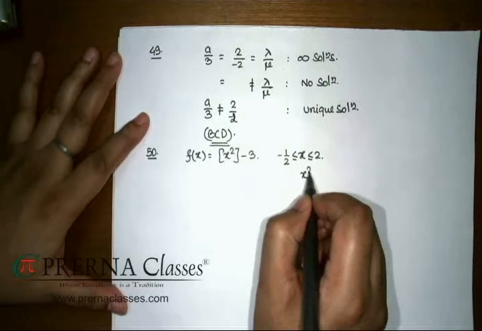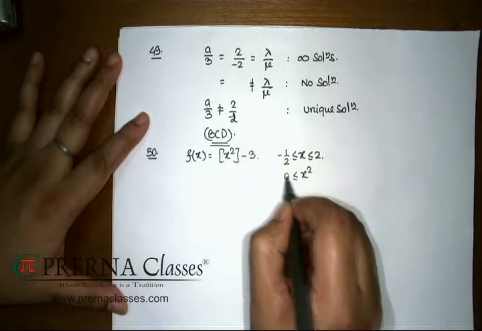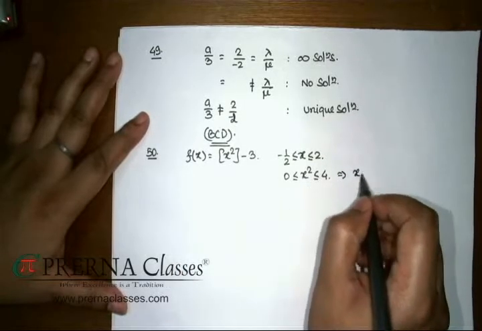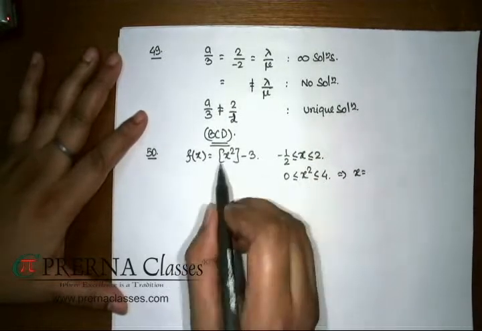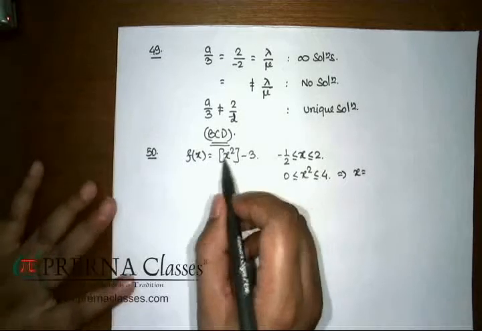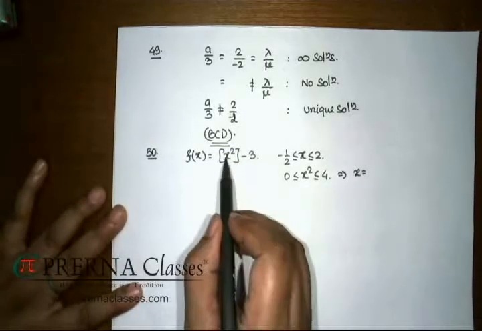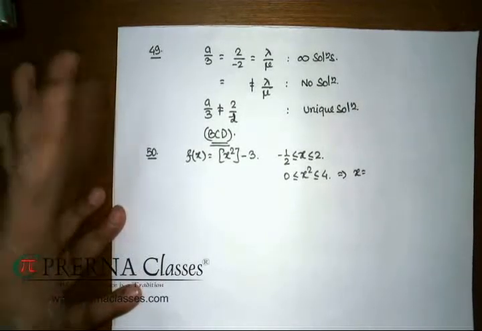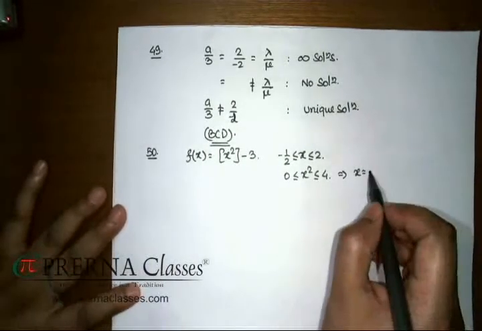If I square it up, I can check this is ranging then from 0 to 4, and in this interval we have, apart from 0, because at 0 this is going to be continuous, as the graph of x square is evenly placed on both sides, so we have to discard 0.